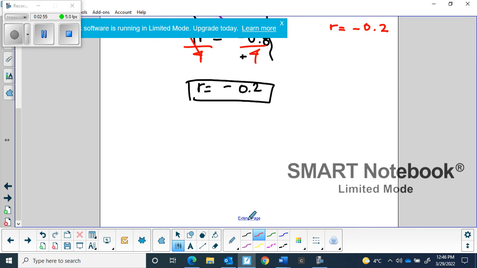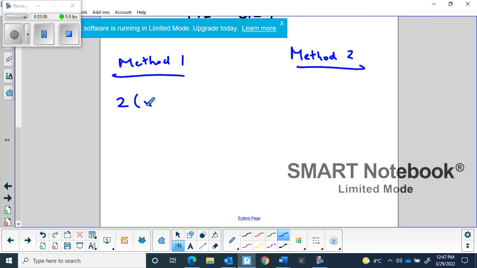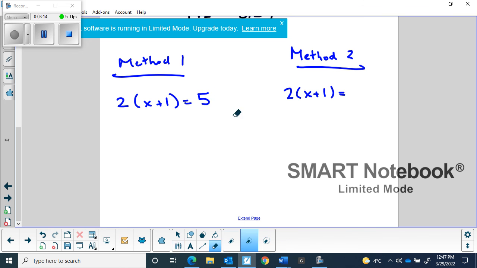So, if I show you another example, this is for method 2 and method 1. If I have a simpler number, we do the exact same thing. And sorry, let's use a different number, 6, just to make the numbers easier.